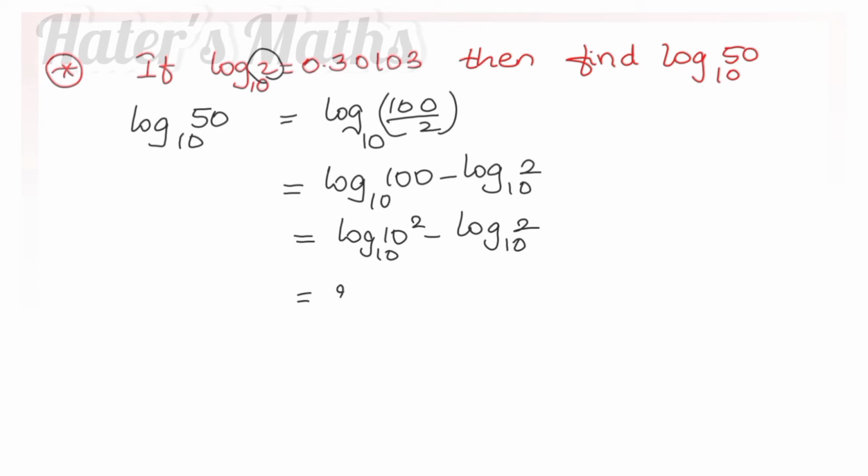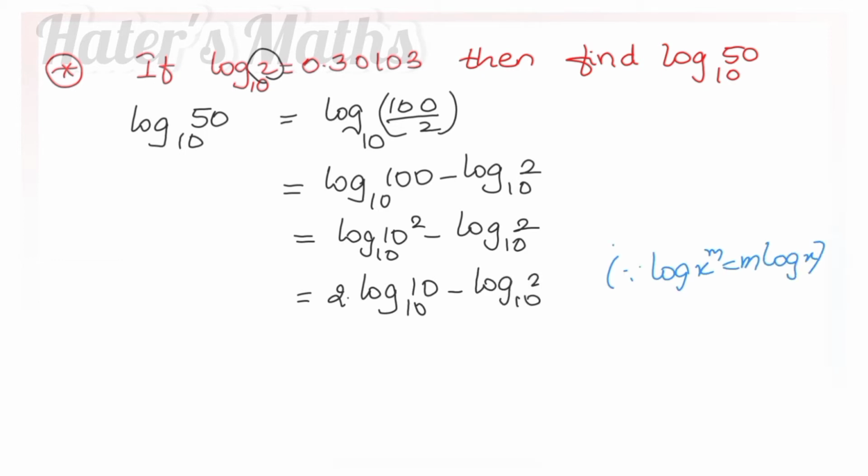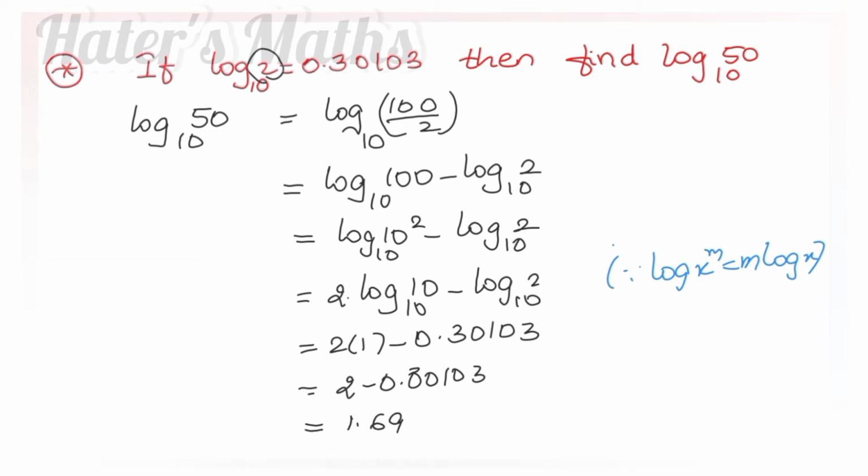Log 10 square means 2 log 10 to the base 10 minus log 2 to the base 10, so it is 2 into 1 minus 0.30103. The value of log 2 to the base 10 is 0.30103, so it is equal to 2 minus 0.30103, that is equal to 1.69897.